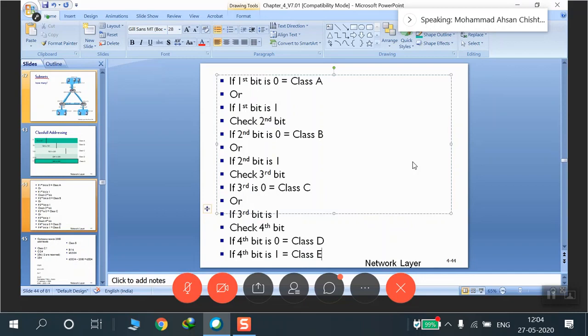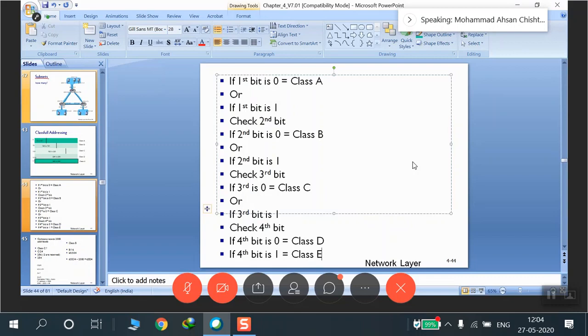By seeing your first bit, you can decide whether it's A or B or C. If it's not 0, then move on to the second bit, and likewise you can find it.